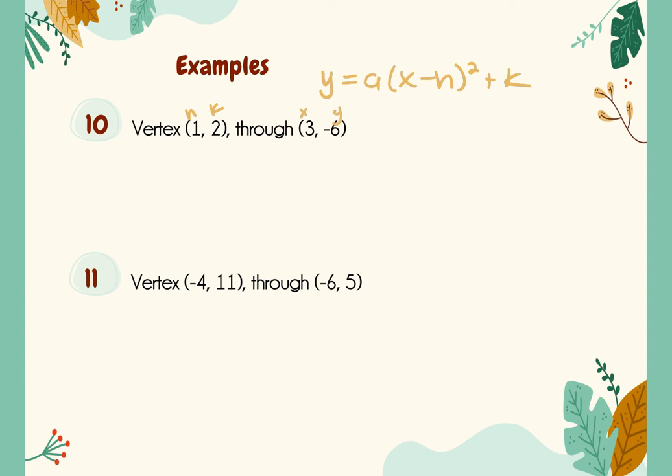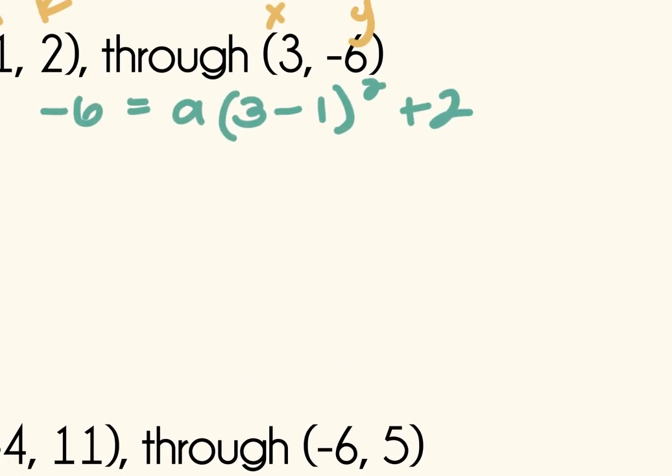So you're going to plug in for everything except the a. So y is -6, a is our unknown, x is 3, minus h is 1, squared, plus 2. Biggest mistake I see made is people forgetting to square this, so don't forget that, okay? Whatever's in the parentheses gets squared.